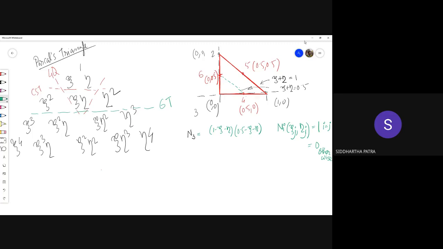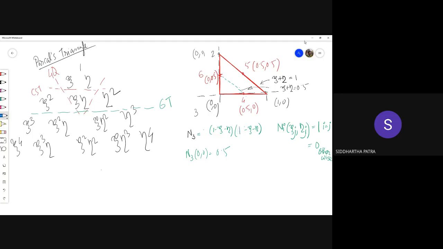Now I need to normalize N3 such that when I evaluate N3 at (0, 0), the value that I'm getting is 0.5. So I need to multiply this whole thing by 2. Essentially I should be writing it like this.